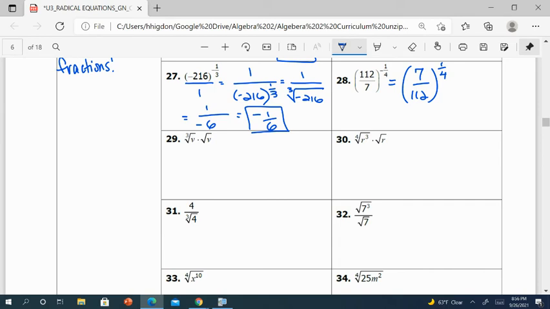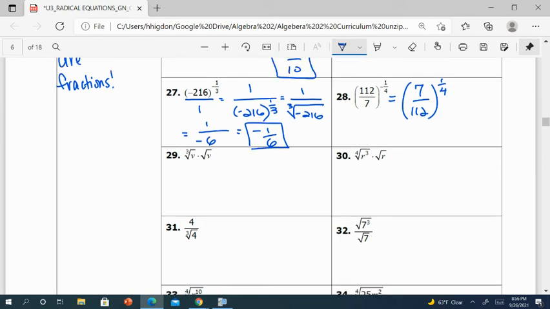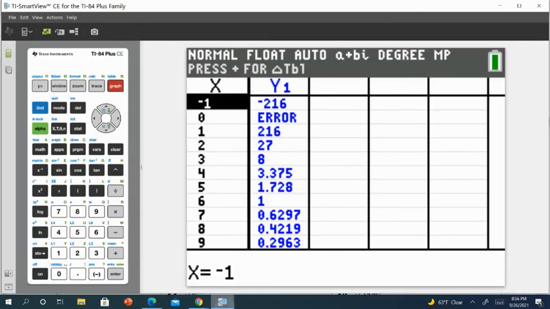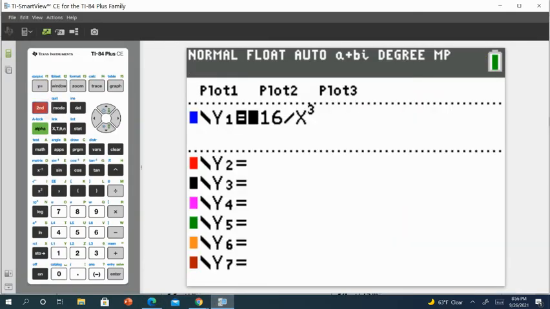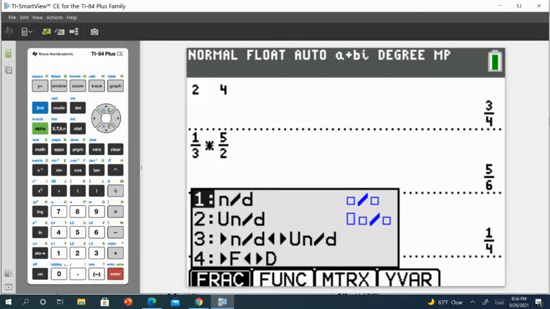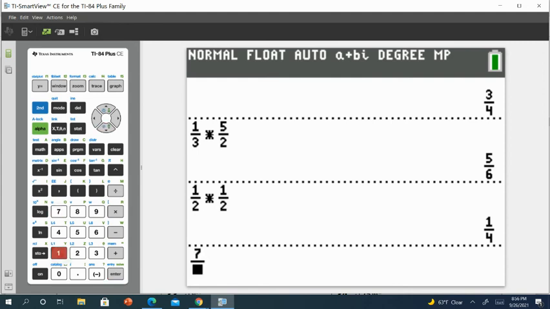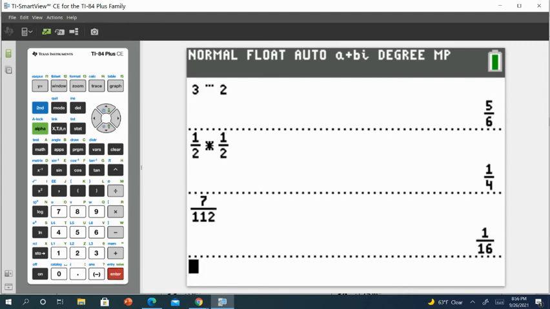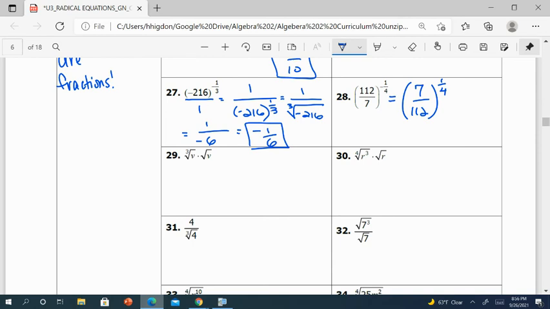Now what I'm going to try to do here is I'm just going to try to simplify 7/112. I wonder if 7/112 reduces. It reduces to 1/16, which is good. To the 1/4 power, I'm going to rewrite that as the 4th root of 1/16.